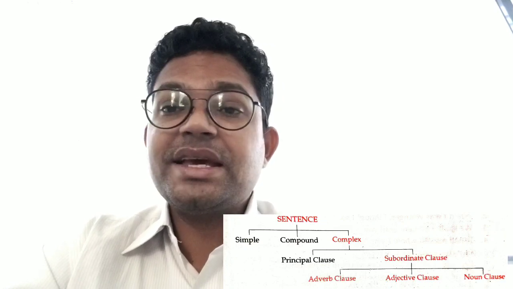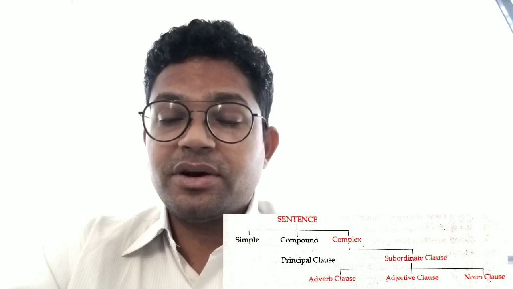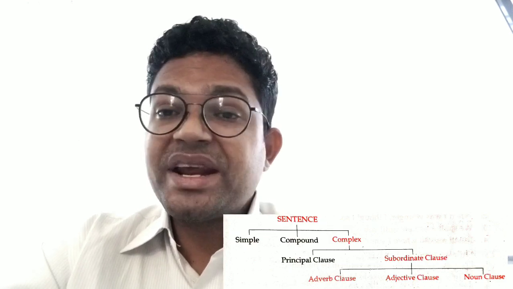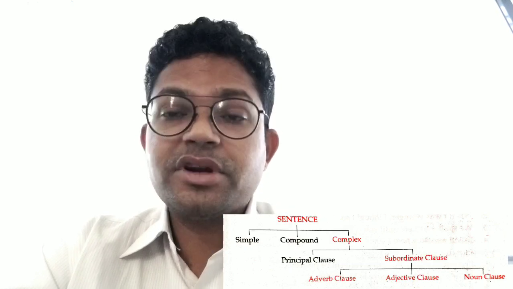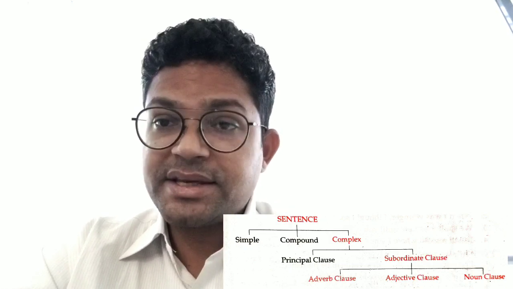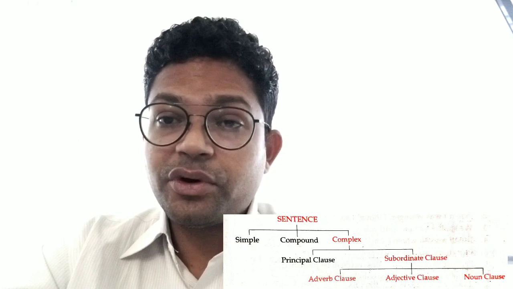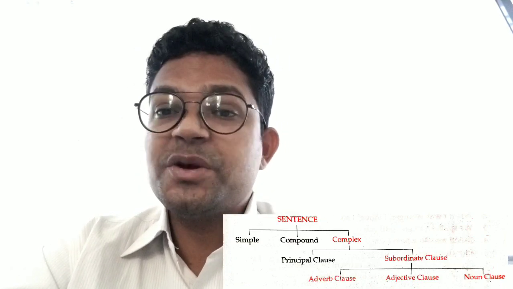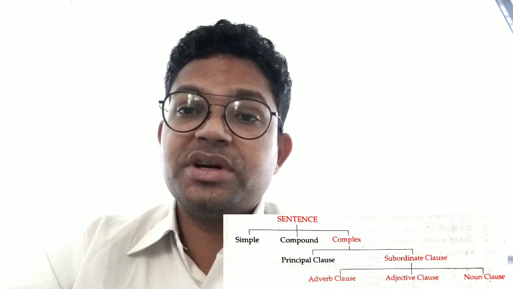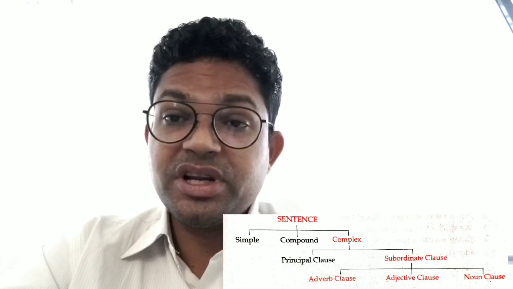And I am giving you a very easy way to identify the subordinate clause. In the sentence, wherever you see a conjunction word like if, because, since, as, therefore, this kind of conjunction, or a pair conjunction like hardly when, scarcely when, no sooner than, not only but also.